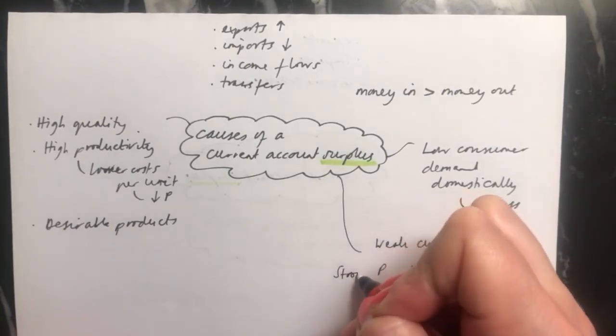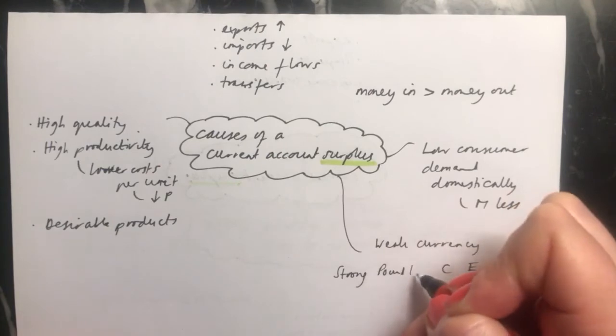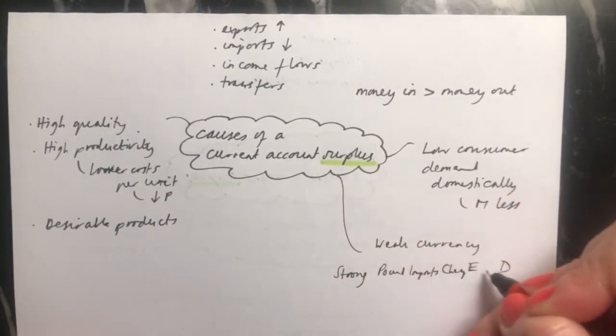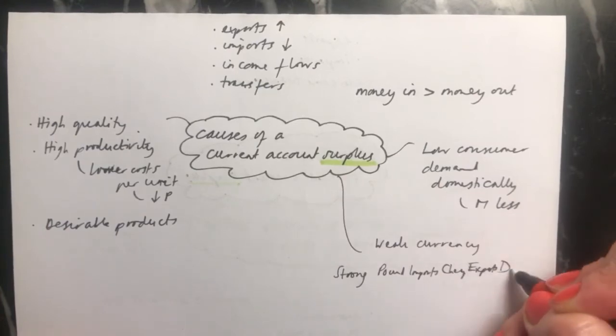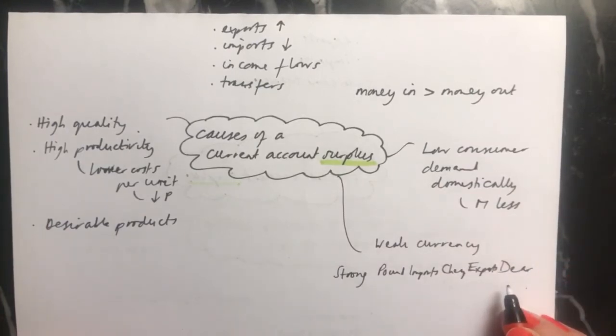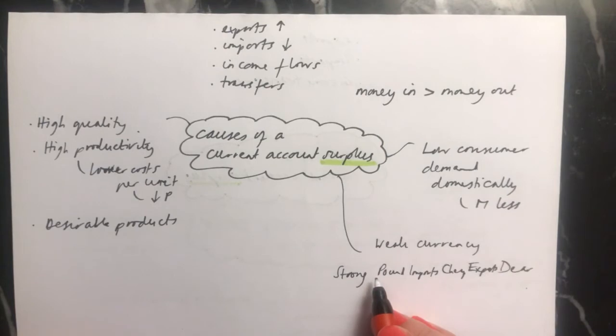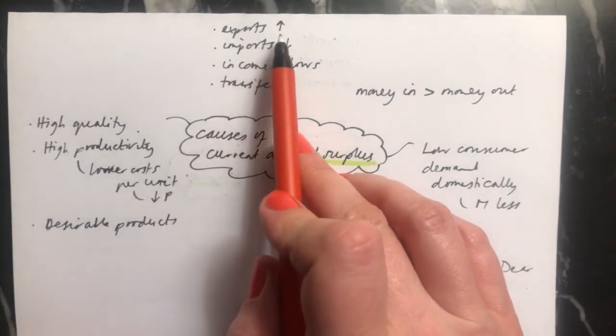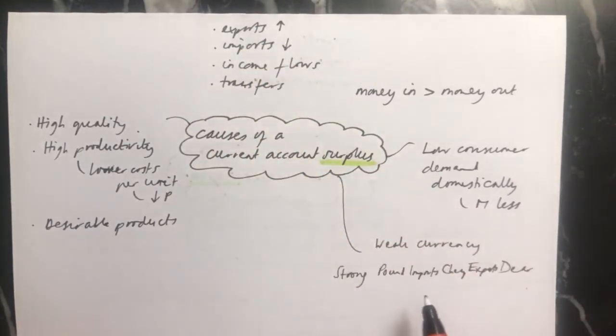This means strong pound, imports cheap, exports dear or expensive. Therefore, if you have a weak pound, this works the other way around. It will make your exports cheap and more of those will be demanded, and therefore your exports will go up. It will also actually mean, if your currency is weak, that your imports will be more expensive and therefore you will import less.